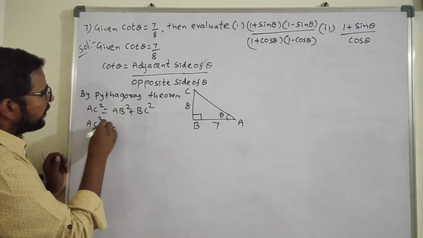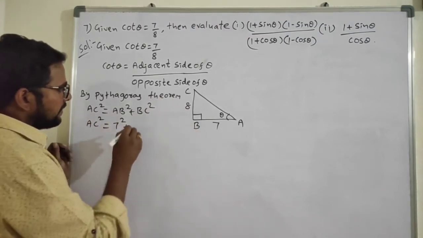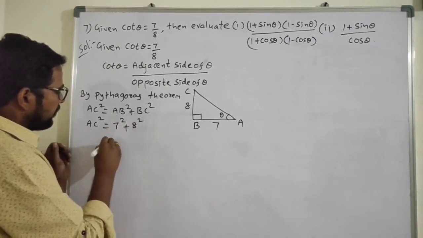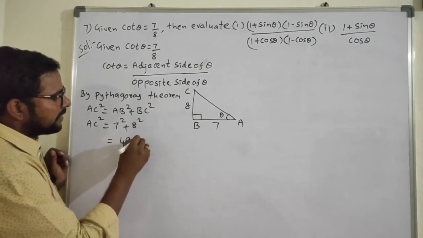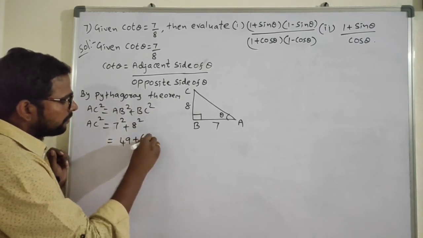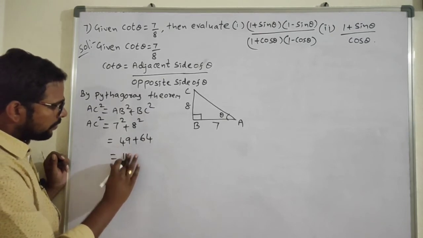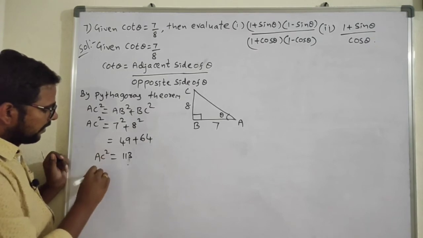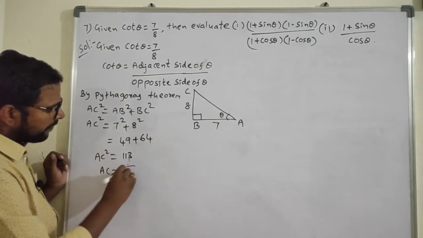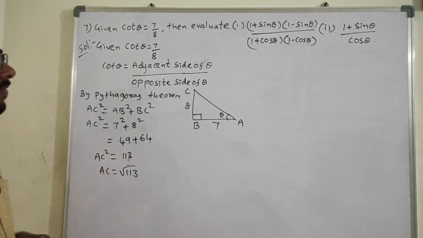AC square is equal to AB value 7 square plus BC value 8 square. So 7 square is 49 plus 8 square is 64. What does it come to? 113. So AC square is equal to 113. So AC is equal to under root of 113. It is not a perfect square, so AC is equal to under root of 113.